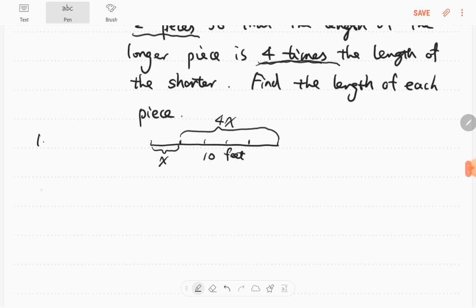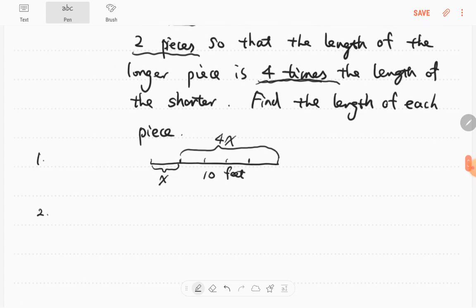So we use their relationship. Next step, we will try to translate. How can we list our equation here? We already know the short part, we use x to represent the length. If the shorter part is x, then the longer part is 4 times the shorter part.